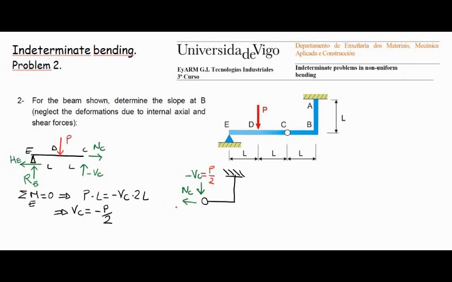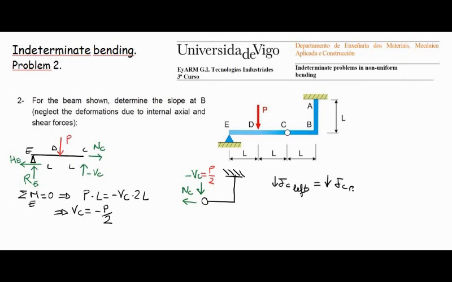I can add to these two parts the relationships in terms of deformation. That is, the vertical deflection of cross-section C is the same on the left and on the right side.